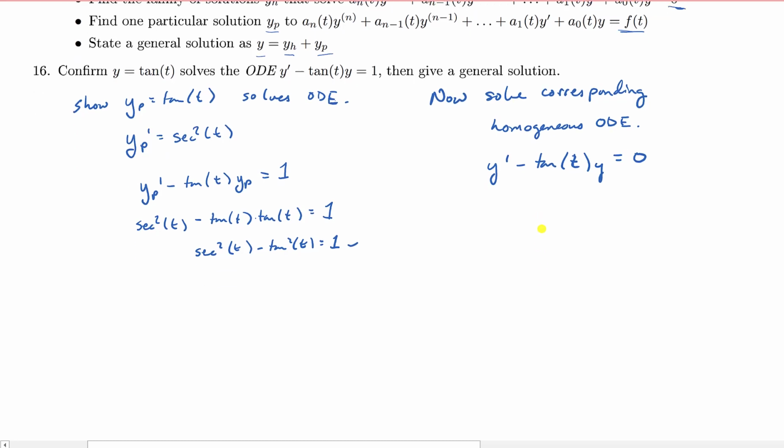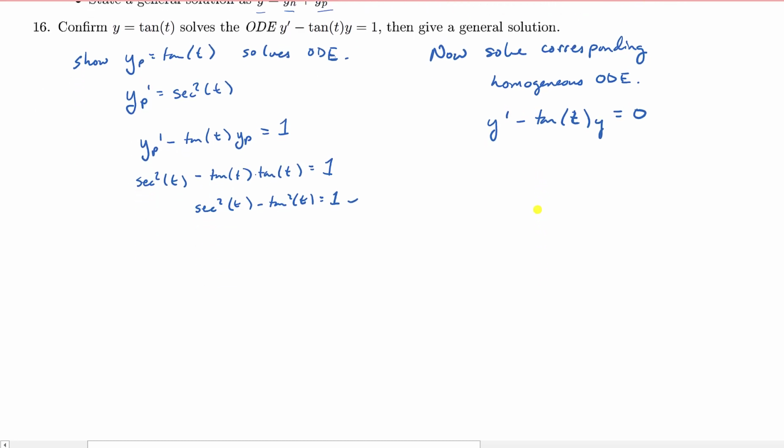Okay. So the beauty of trying to solve a homogeneous, especially a first order, is that it's always separable. So we get y prime is equal to the tangent of t times y.